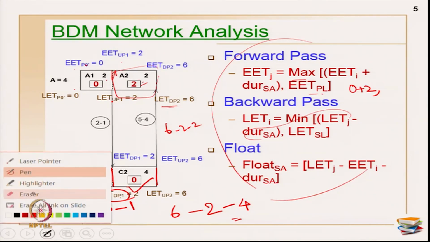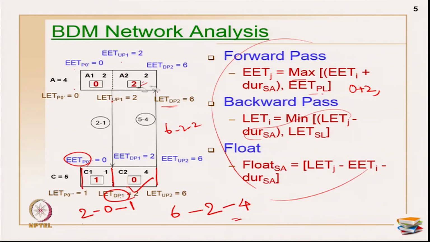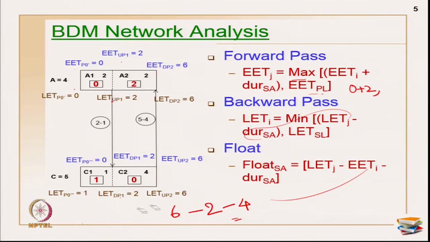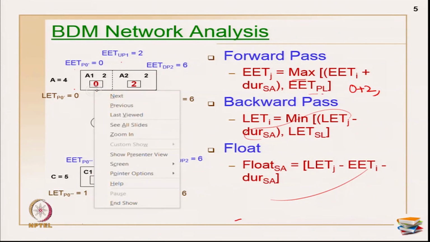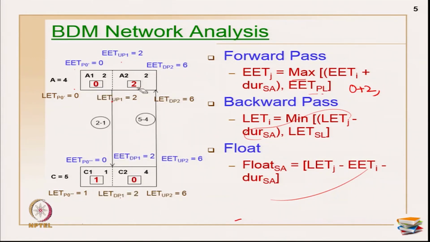Now, so far we have seen the forward pass, the backward pass, and also the float calculations. Now, we have finished the entire network analysis. As per the analysis, this particular activity has a 0 float, this sub activity has a float of 2, this sub activity has a 0 float, and this sub activity has a float of 1.